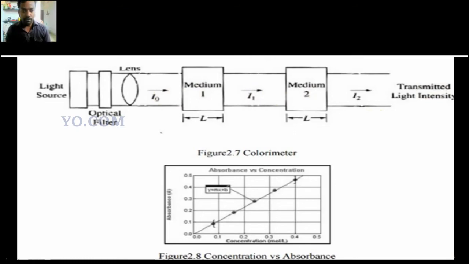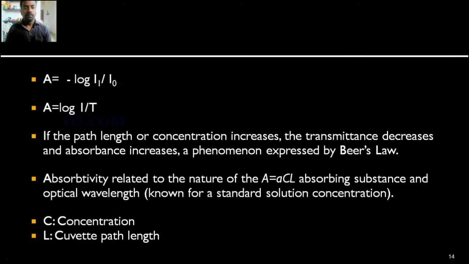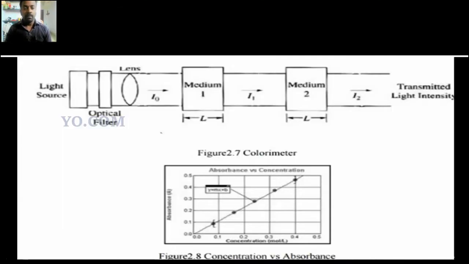So here we consider the concentration and absorption of the colorimeter. The graph indicates the relation between concentration and absorption. The absorption increases when the concentration increases. Then A equals absorption equals minus log I1 divided by I0. What is I1?